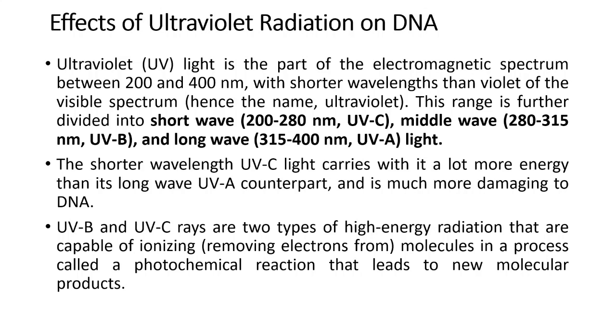The shorter wavelength UVC light carries with it a lot more energy than its long wave UVA counterpart and is more damaging to DNA. UVB and UVC rays are two types of high energy radiation that are capable of ionizing molecules in a process called photochemical reaction that leads to a new molecular product.